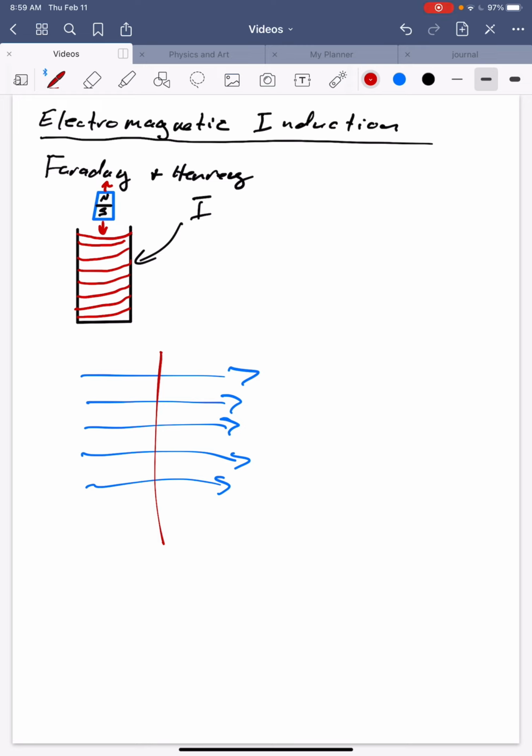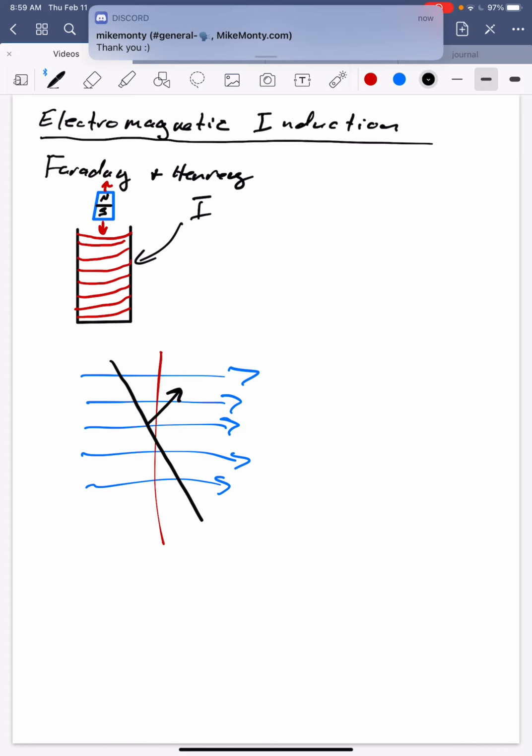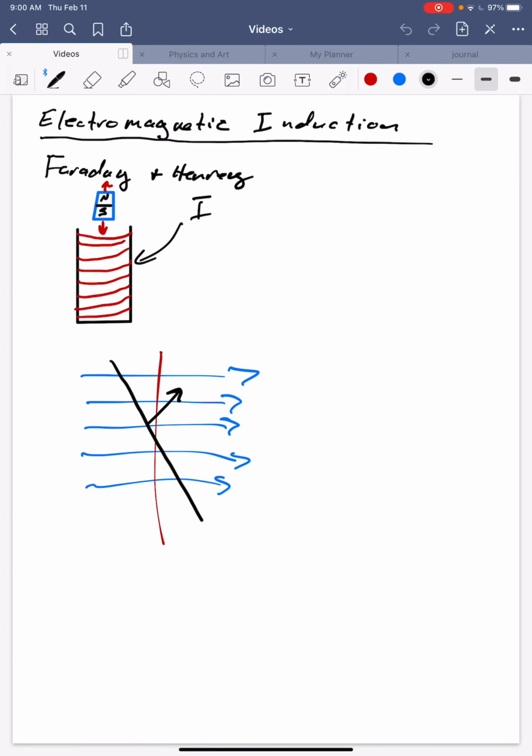But if it has some angle associated with it, like this, I need the normal line. From that normal line, I have an angle, and that angle would be theta. So the magnetic flux, if I remember, is phi b is equal to BA cosine theta.